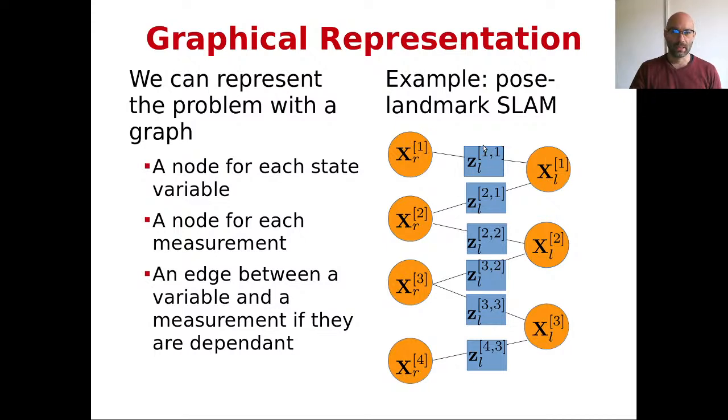I remark that in general a measurement does not only connect two variables, as in this example here that illustrates a pose-landmark problem, but might connect multiple variables, which are all the variables of the state which are required to calculate that prediction. Okay.